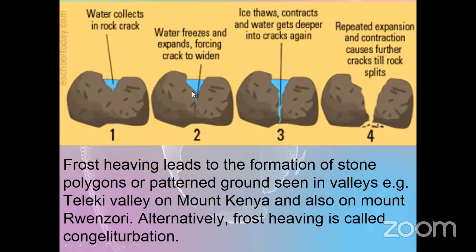Then when freezing comes, the water becomes solid. We call it ice. And then as it becomes ice, solid, that means that it will start expanding the cracks. So as it is expanding the cracks, the rock will change into small particles.